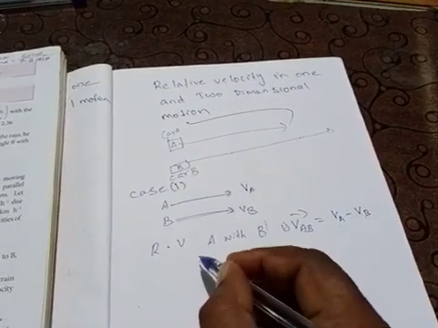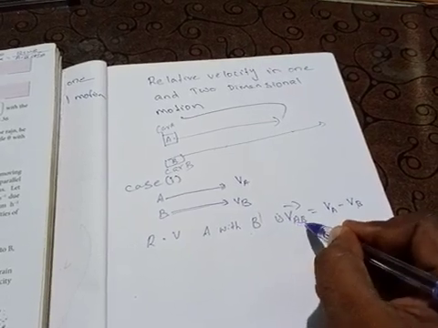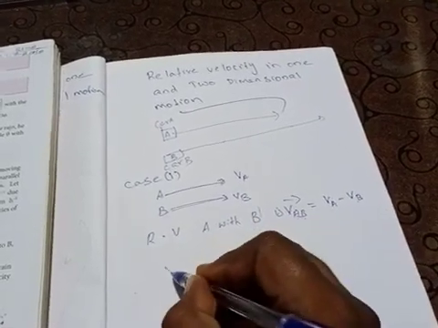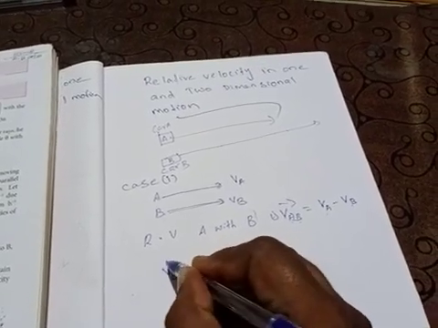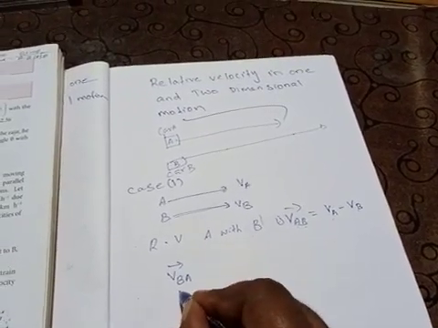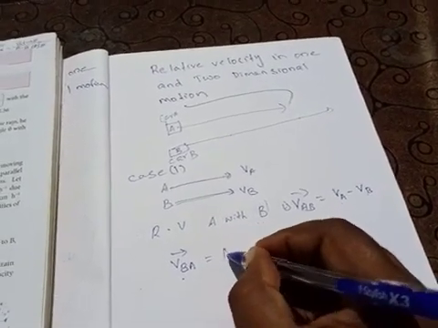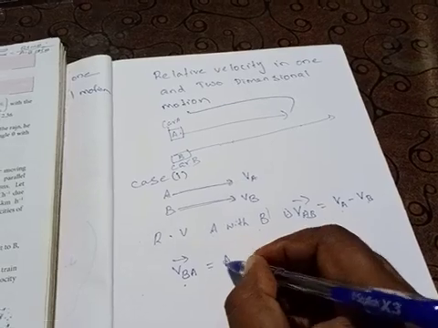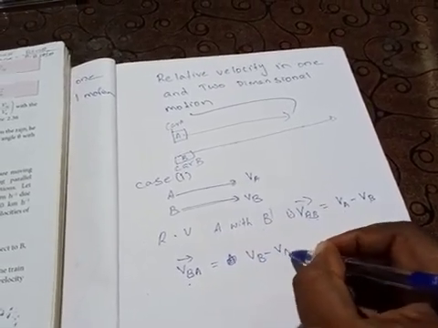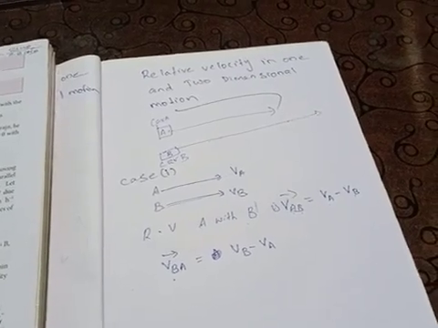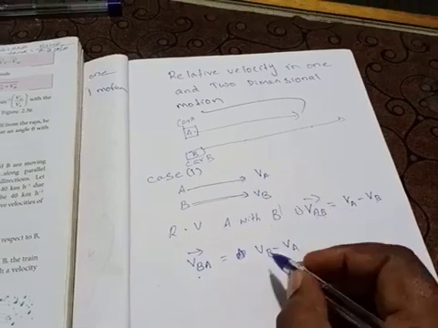The same thing: this is the velocity of car A with respect to car B. Now what is the velocity of car B with respect to object A? VBA is VB minus VA. So this is the first case, and now let us conclude this.